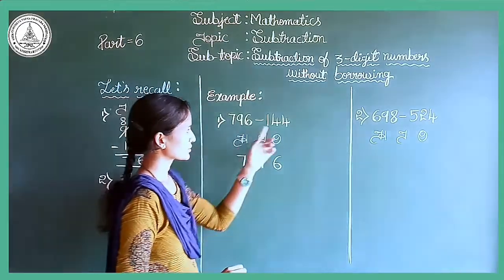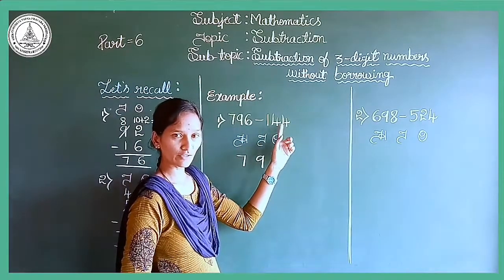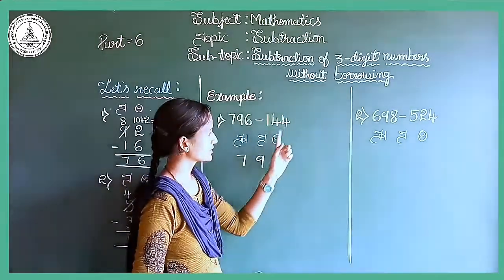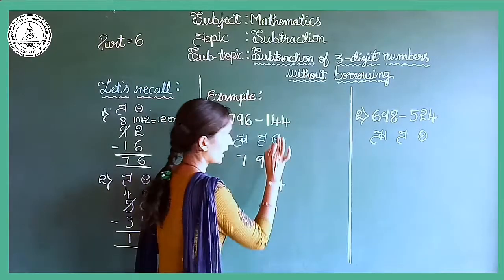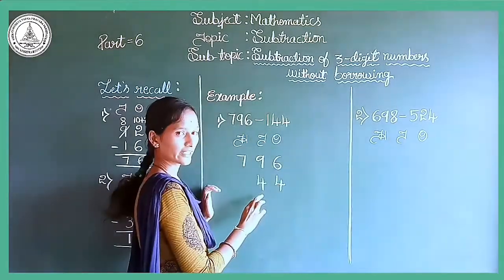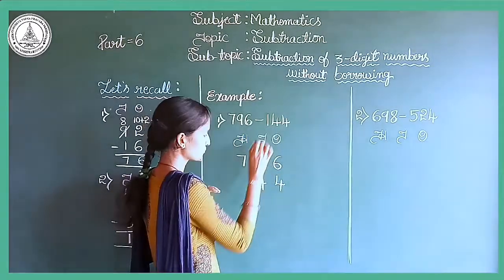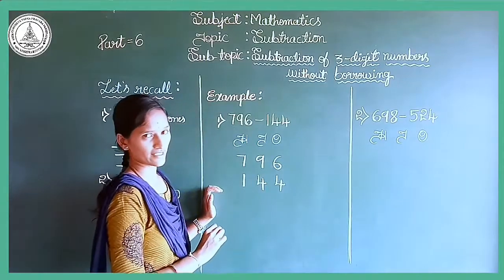Right? The next one, 144. In 144, 4 is in the ones place. The second 4 is also in the tens place. And this 1 is in the hundreds place.